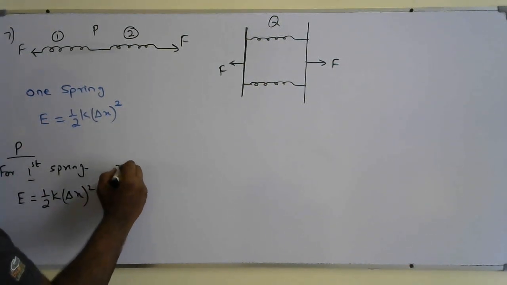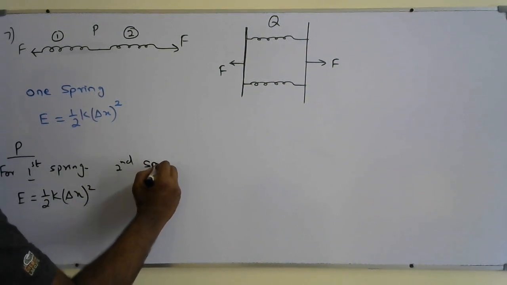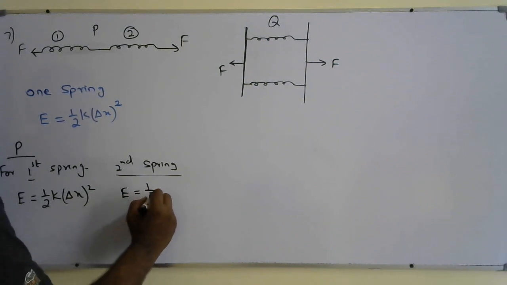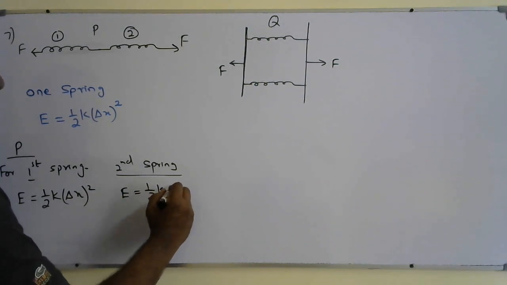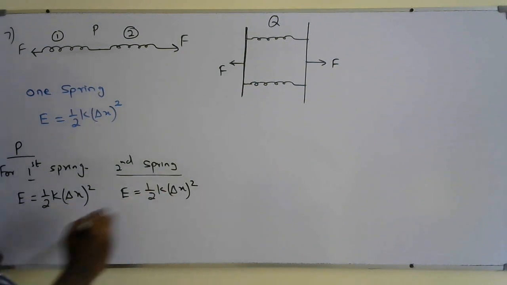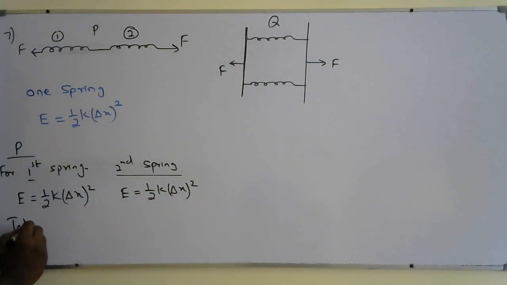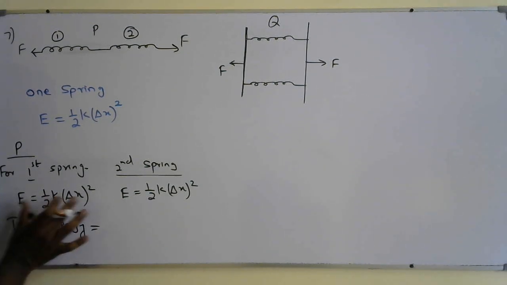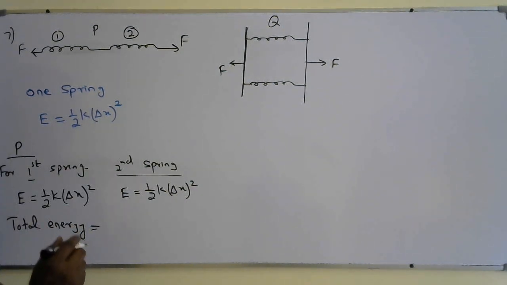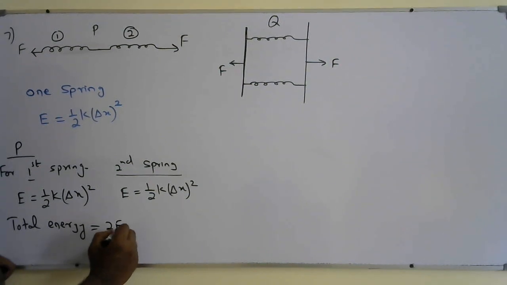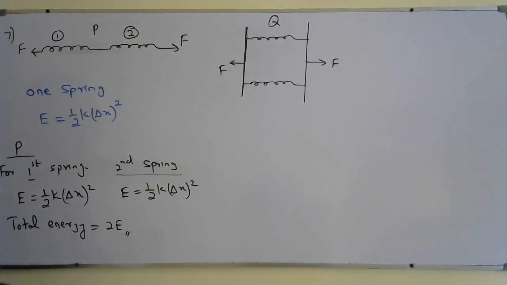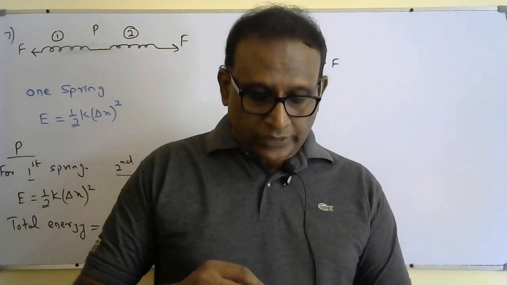For the second spring also, the energy E will be equal to half K delta X squared. So the total energy will be half K delta X squared plus half K delta X squared, that will be 2E. So the total energy on the system P will be equal to 2E.